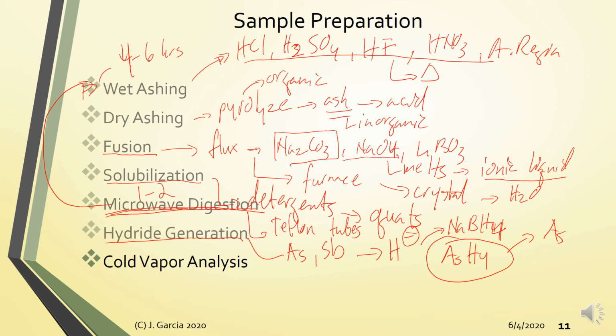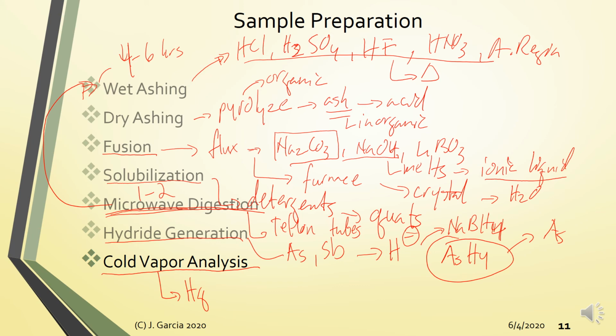Then finally, you have your cold vapor analysis, and this is typically used for mercury analysis. Why? Mercury is a very toxic metal. In Flame-AAS, if you're going to burn mercury with your flame atomizer, you're just liberating mercury into the atmosphere.